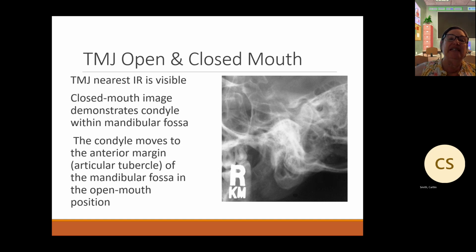This is a closed one sitting within the mandibular fossa, which forms the TM joint, and there's the meniscus in here. And when the mouth is open, this condyle comes anterior, and you have a big space in here.